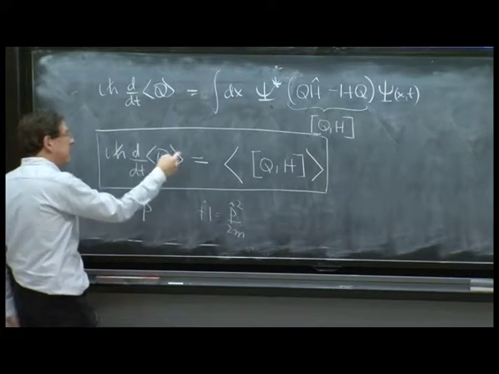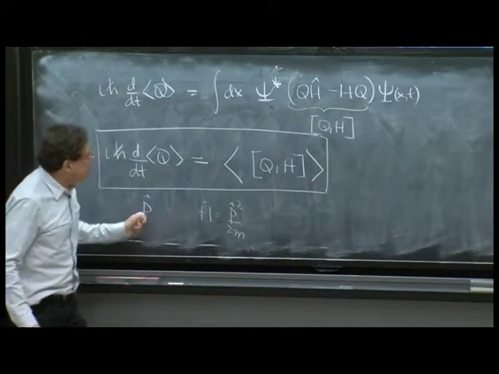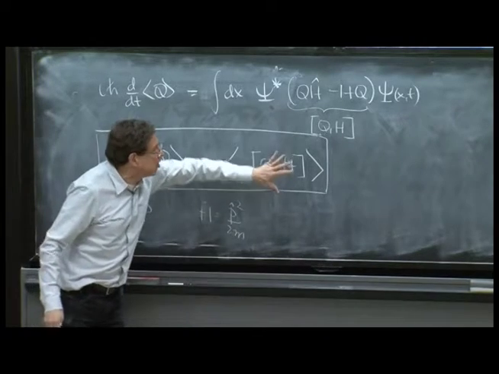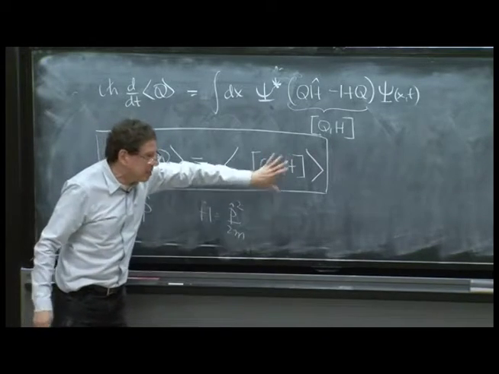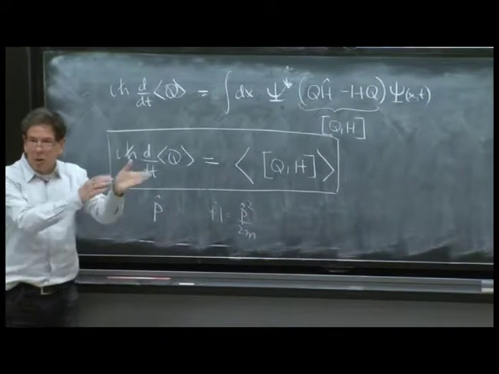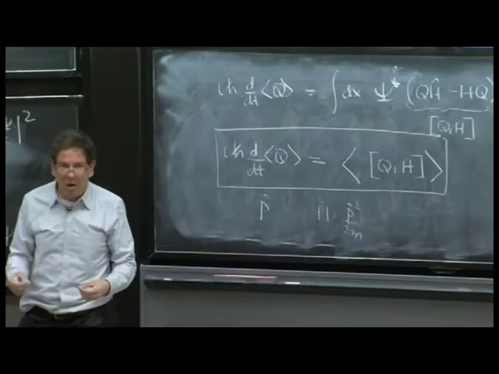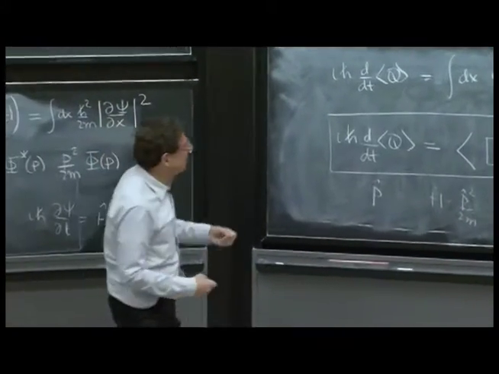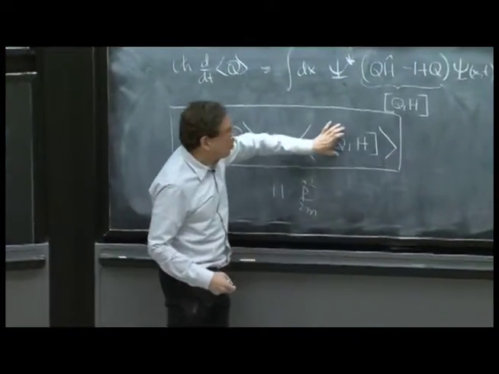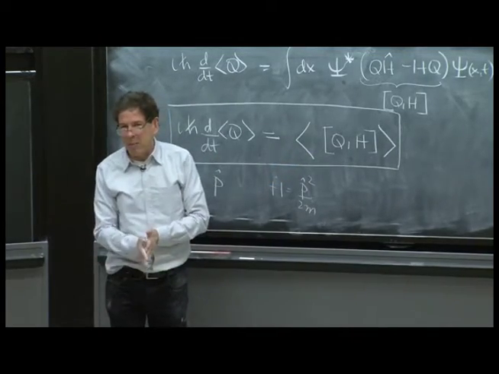Therefore, the expected value of the momentum, you already know, since the momentum commutes with h, this is 0, the expected value of this is 0, and the expected value of the momentum will not change, will be conserved. So conservation laws in quantum mechanics have to do with things that commute with the Hamiltonian, and it's an idea we're going to develop on and on.